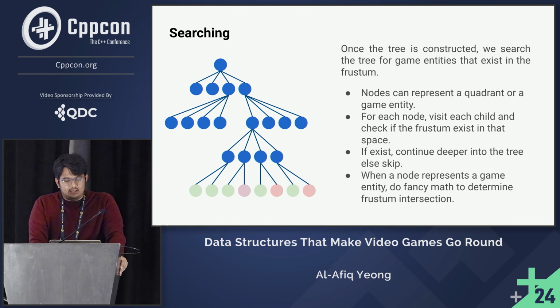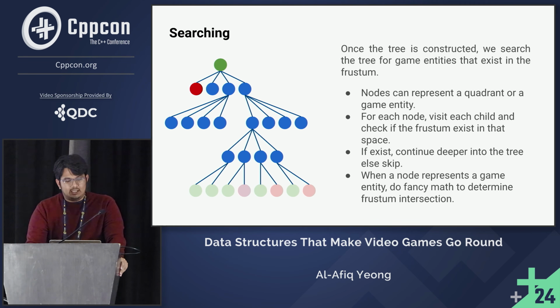So the way it works is this. Remember when I said nodes can represent either a quadrant or a game entity. For each node, we visit each child and check if the frustum exists within the space of that node. So in this situation, we visit the root node.